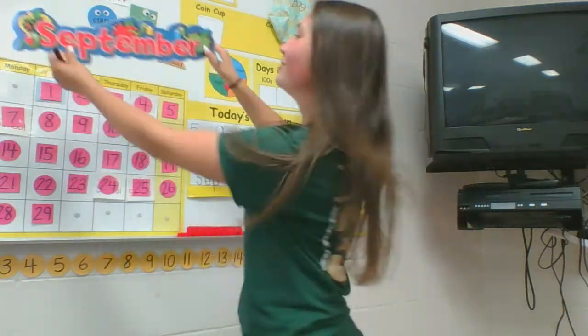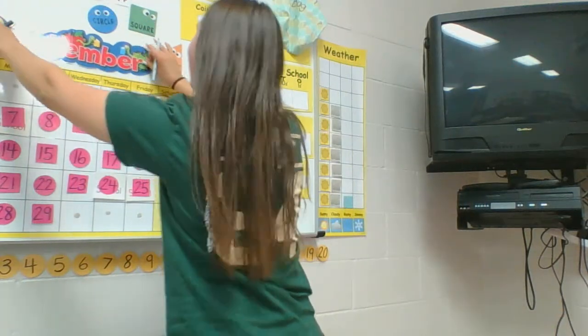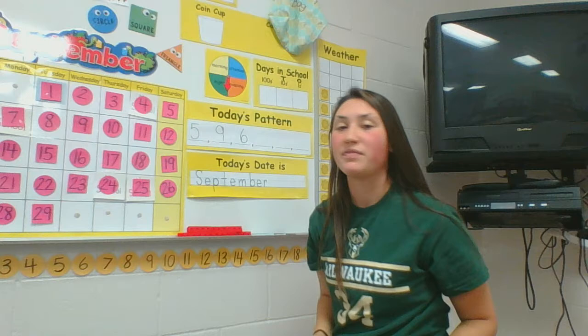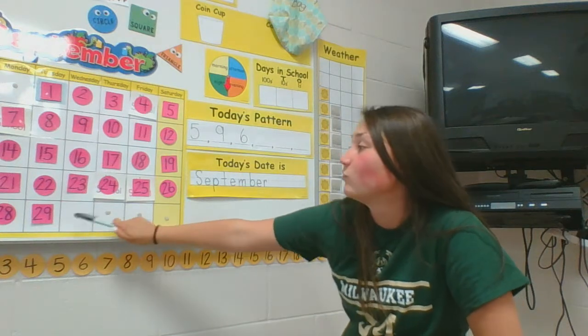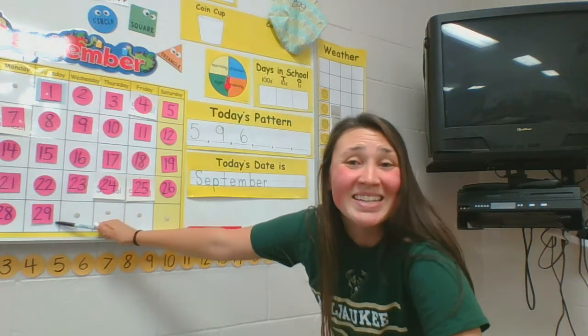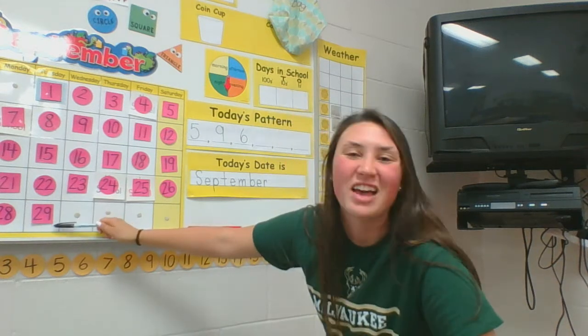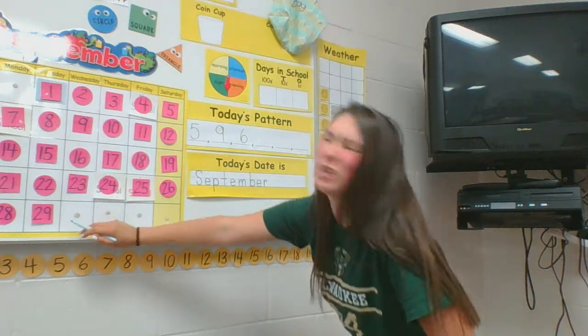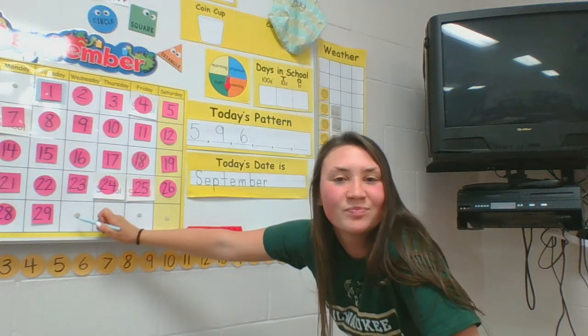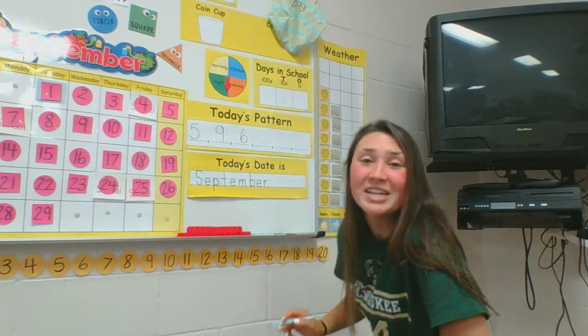Not for much longer though. And our day in September, we found it before, the 29th. TH. Maybe you can hear that, I don't know. 29th. So what 2 numbers make up 29? 2 and a 9, right?